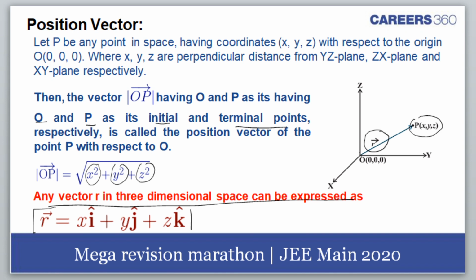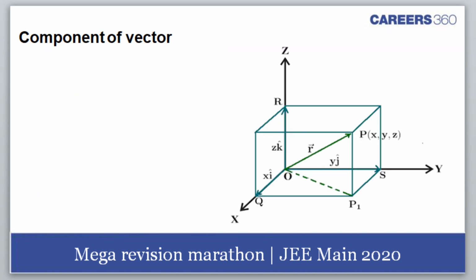So any vector can be expressed as a linear combination of i, j and k. Let's see how. For example, i is a unit vector along the x-axis, j is a unit vector along the y-axis and k is a unit vector along the z-axis.